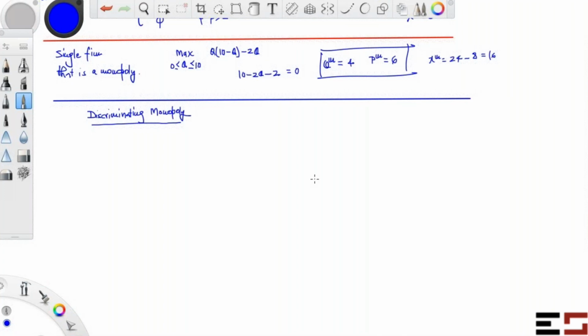So just imagine this scenario. There is an ice cream vendor, and let us say there are only two people who are the potential buyers of the ice cream, just for the sake of simplicity.